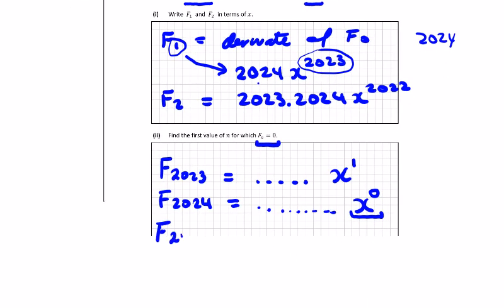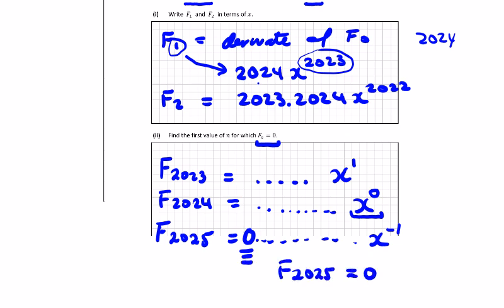So f2025 will be equal to loads of numbers x to the power of minus 1, but the number in front of them all will be a 0. So f2025 is equal to 0. Maybe a question you'd leave till the end of the exam and come back and just use a bit of logic to get to the answer.